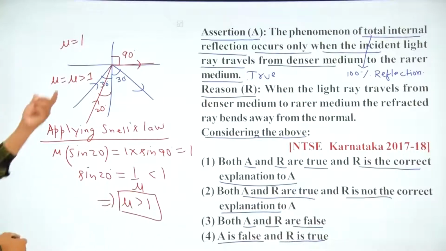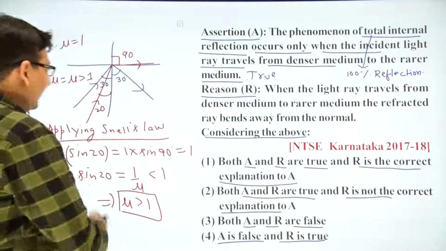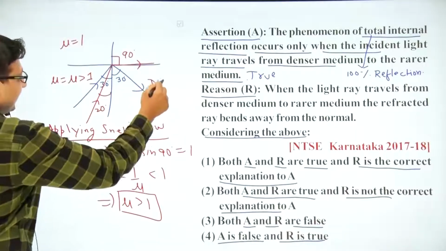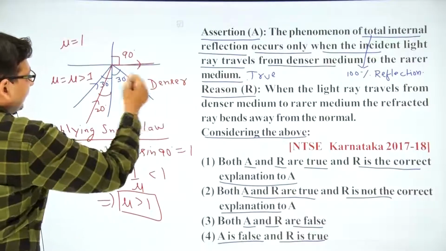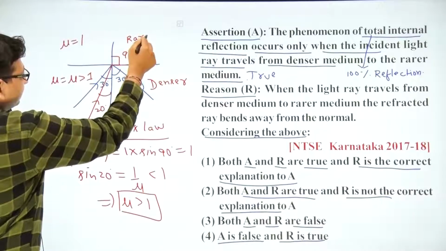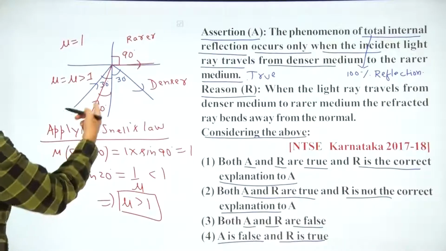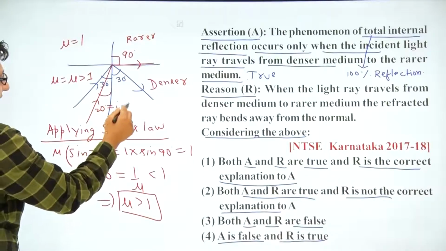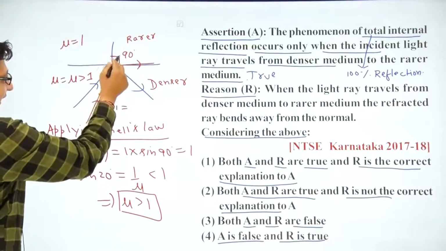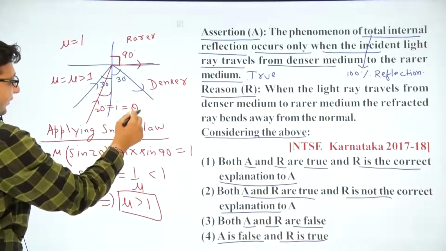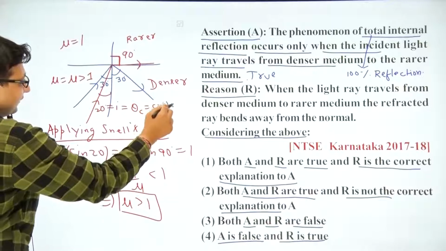So yes, if mu is more than 1, it means light is incident on a denser medium and going to a rarer medium. This angle of incidence, for which emergence is at 90 degrees, is called the critical angle.